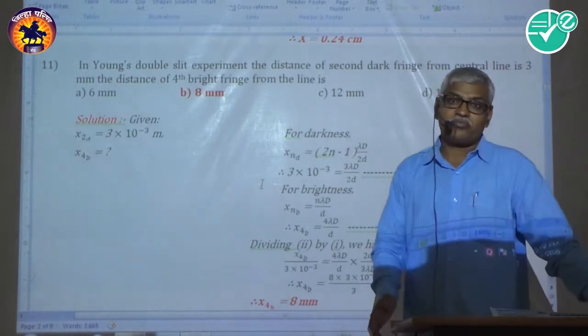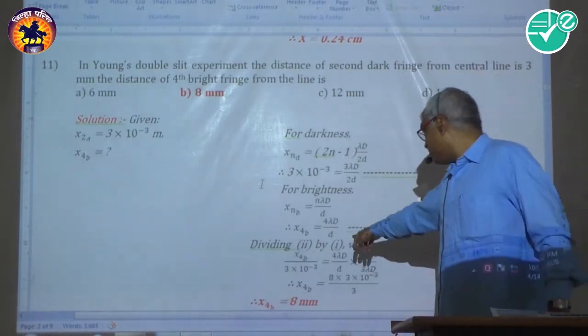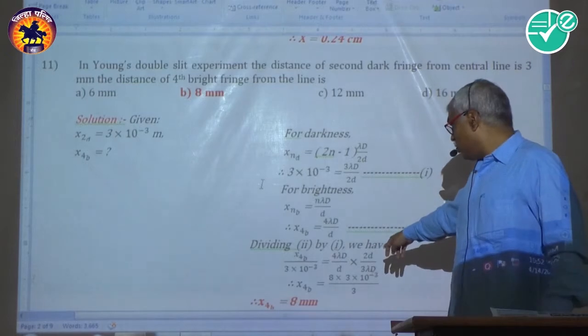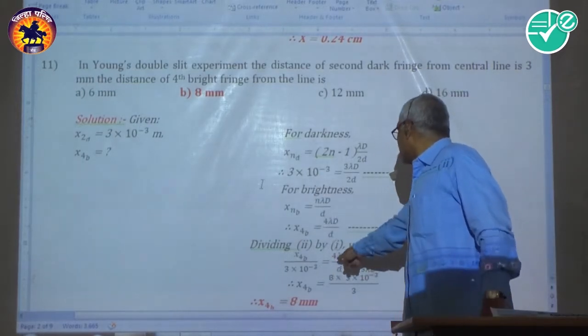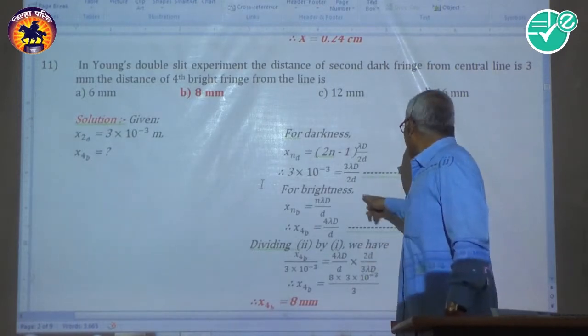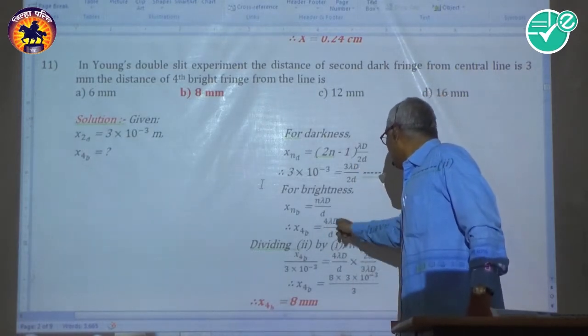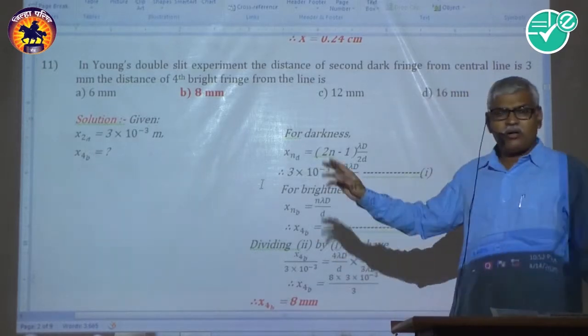By simply dividing these two equations, we will get x_4b. Therefore, dividing equation 2 by equation 1, we get x_4b divided by 3 into 10 to the power minus 3 is equal to 4 lambda D upon small d divided by 3 lambda D upon 2d.